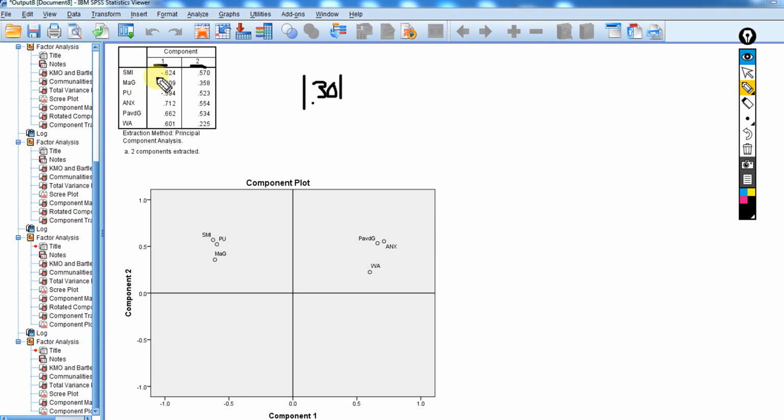And this is one of the problems that we can run into if we don't perform a rotation of our data. Or excuse me, not the data, the actual coordinate axes from our component plot.